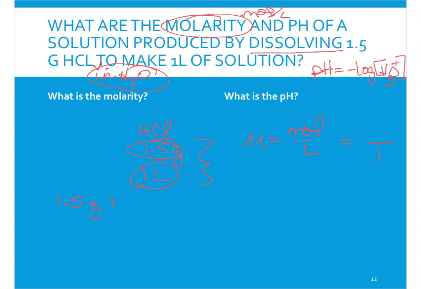1.5 grams of HCl. Anytime you're going from grams to moles or moles to grams, you need the molar mass of the substance. The molar mass of HCl, I believe, is 36.5 grams per mole.